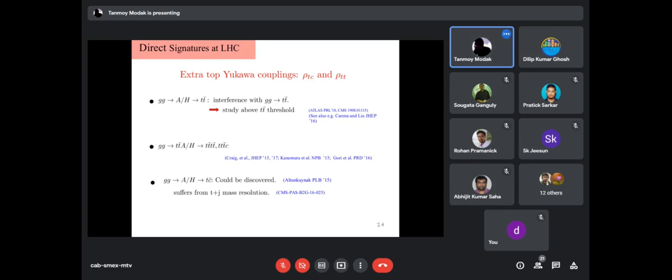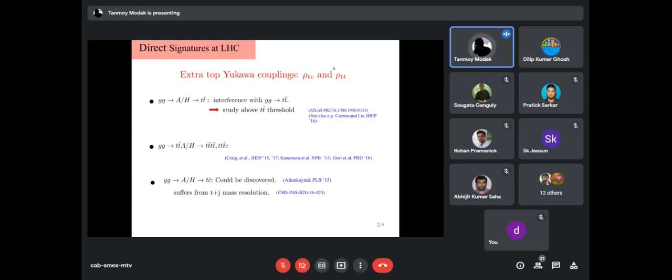You can also have a four-top search, t t-bar A production, and then H and A can decay to t t-bar, and that can also be used as a search program. We have also discussed this. Then there is this process: gluon fusion to A production, and then A and H can decay to top and charm if your rho_tc coupling is non-vanishing.